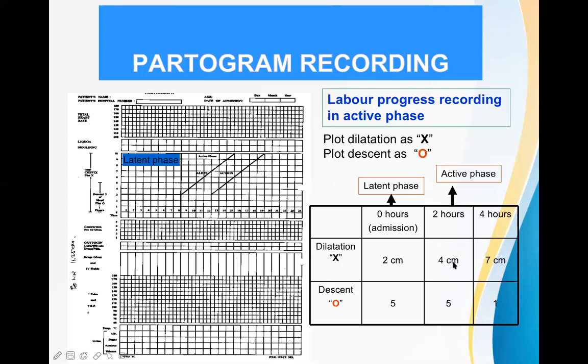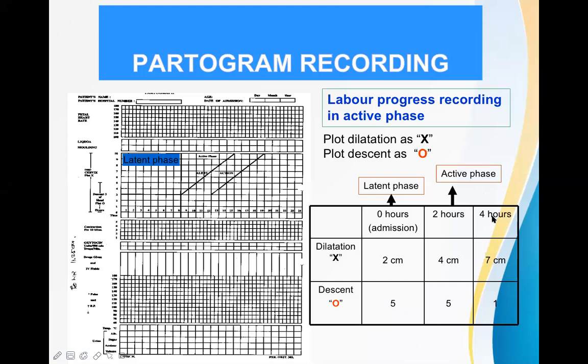At 2 hours of the admission, it is 4 centimeter. And at 4 hours after the admission, it is 7 centimeter. And regarding the descent, it is station 5, and suddenly it has come to the station 1. Now, probably this is minus. This is not the plus, probably still the minus station here, though it is written like this.